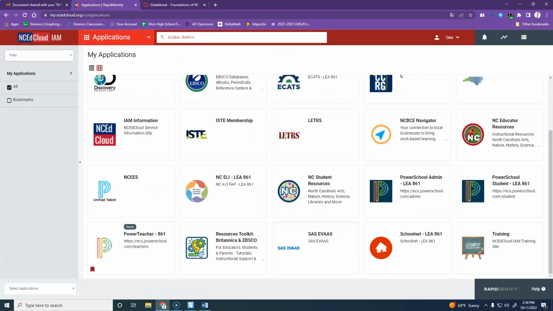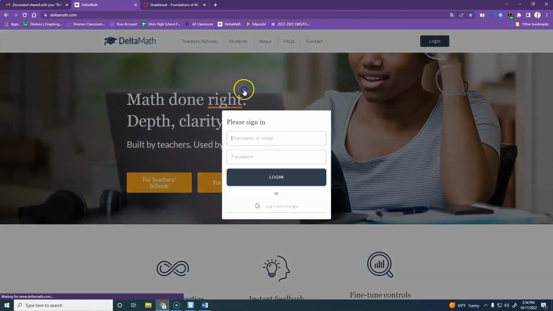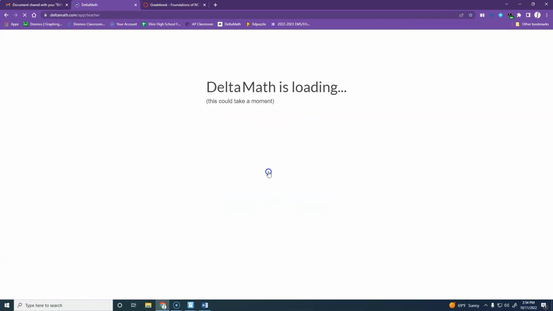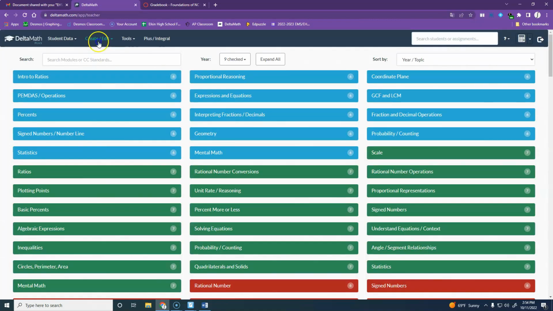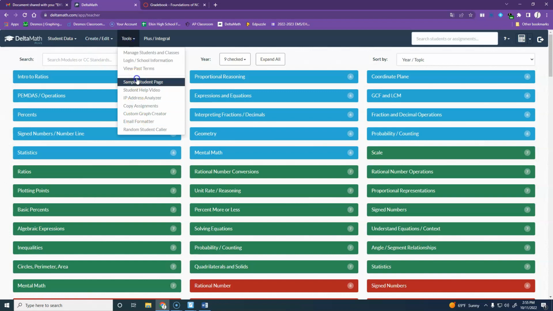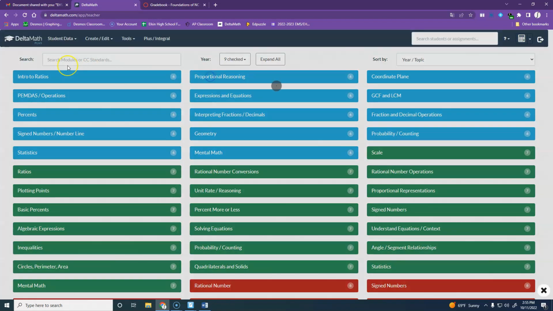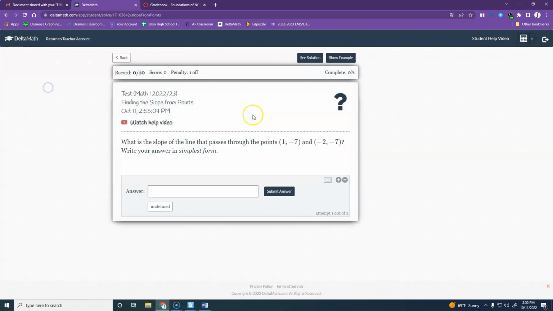All right, so your assignment tonight is on Delta Math, and it's just practice with slope between 2 points. So it's just going to ask you to find the slope between 2 points.